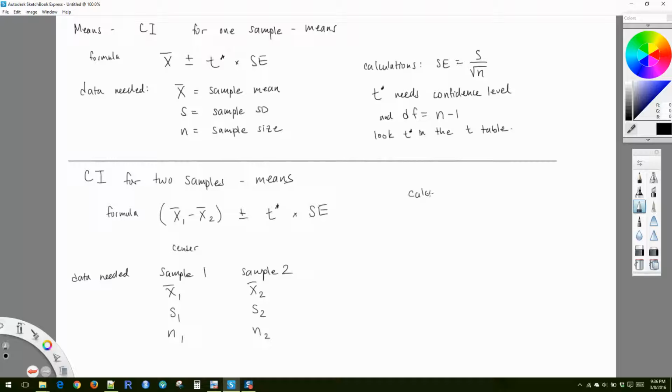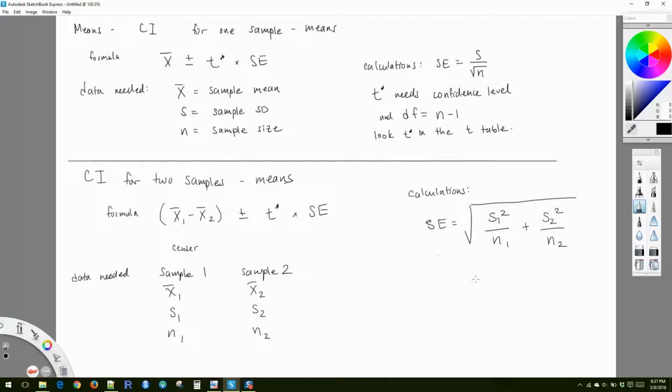As far as calculations go, our standard error is given by this formula, s1 squared over n1 plus s2 squared over n2. If you take the step to label all of your data pieces, this part's going to be easy, okay? If you skip this step, it's easy to get mixed up and plug the wrong values here and there.